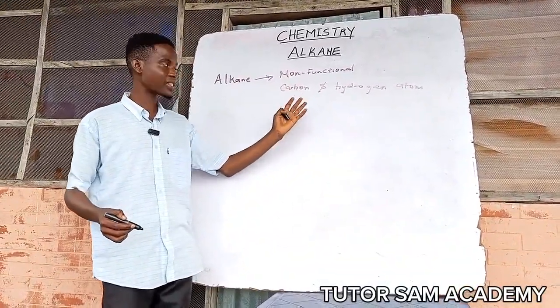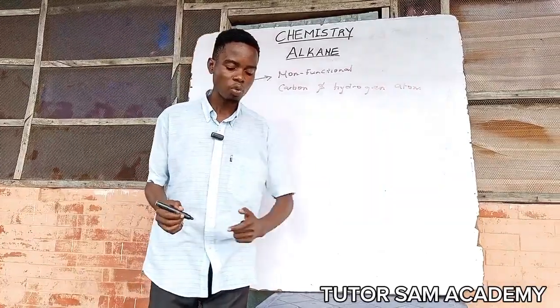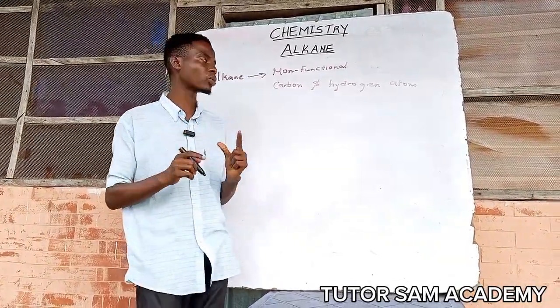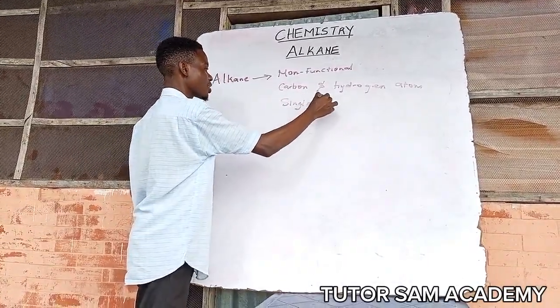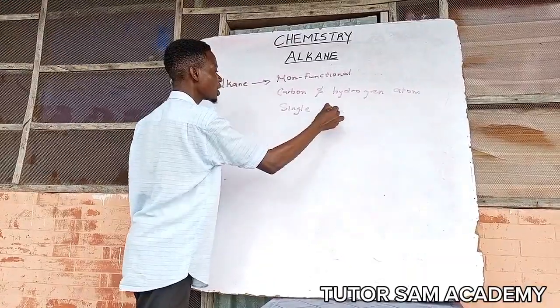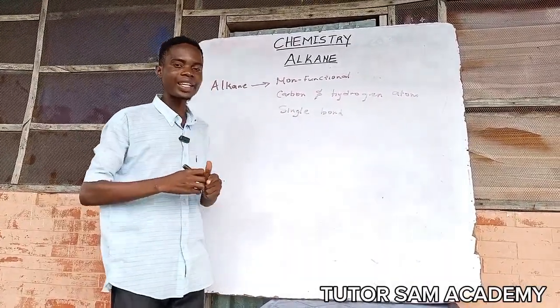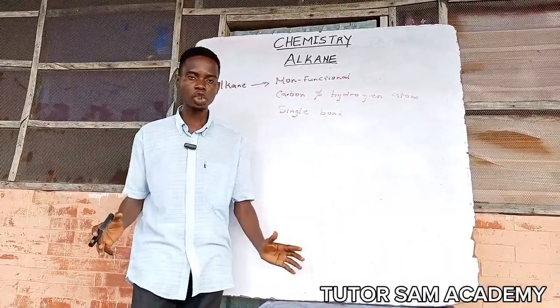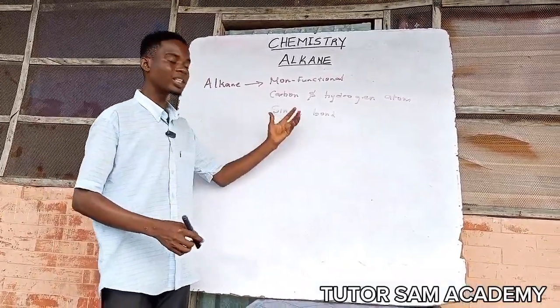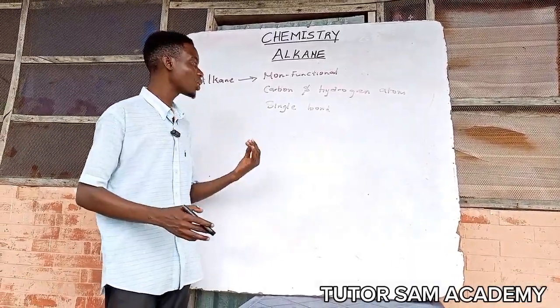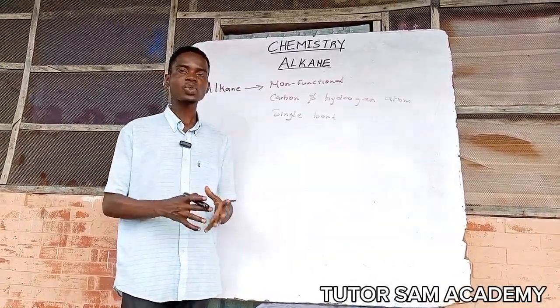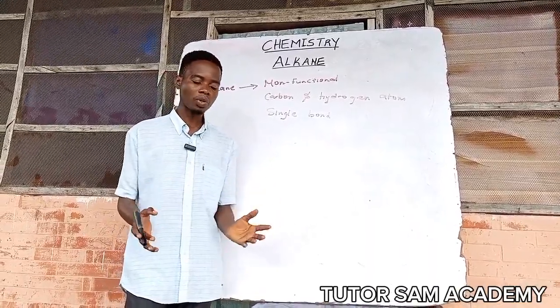They are hydrocarbons. That is, they contain carbon and hydrogen atoms with a single covalent bond. Alkane has a single bond, so, single covalent bond between the carbon and the hydrogen. They don't have a functional group. They also contain a single bond between carbon to carbon bond.